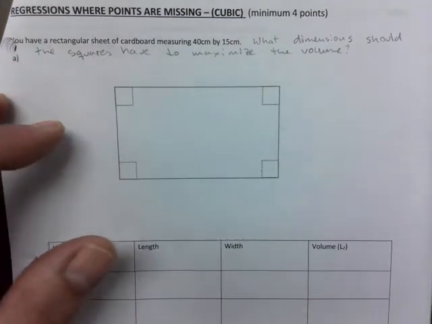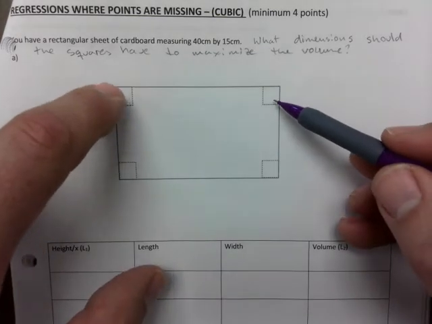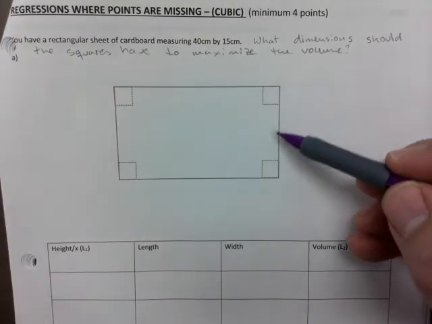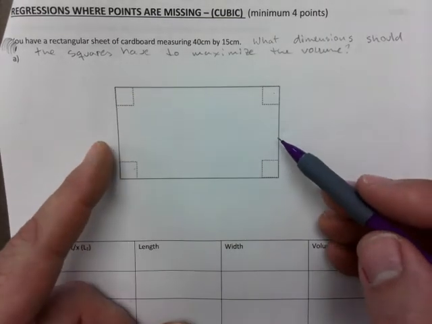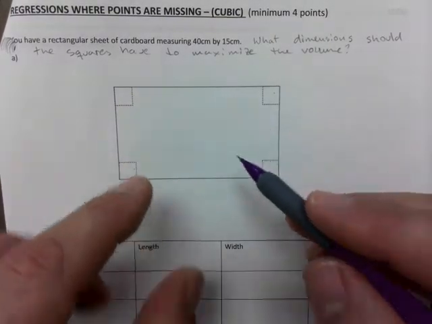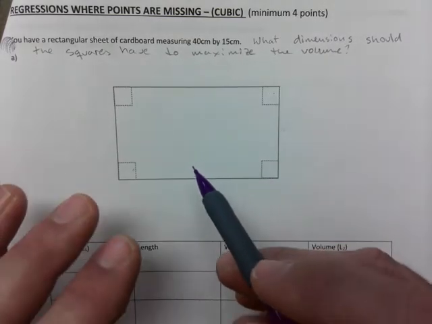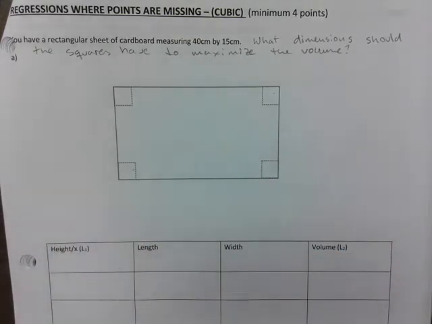In a sense, we want to determine the dimension of these squares, and obviously they all have to be the same, so that when we fold this up, we end up with a box that will have length, width, and height.